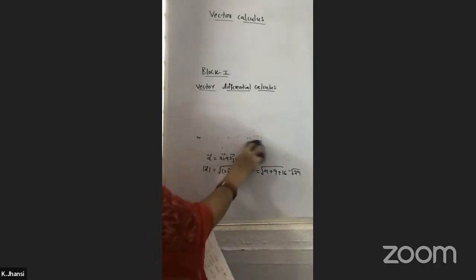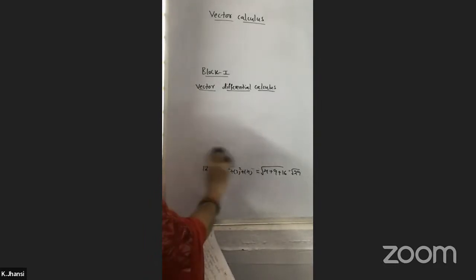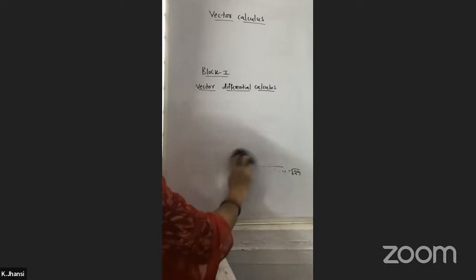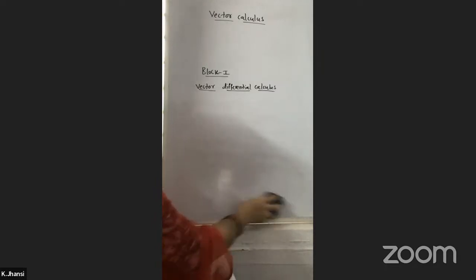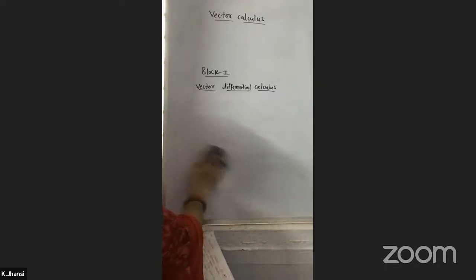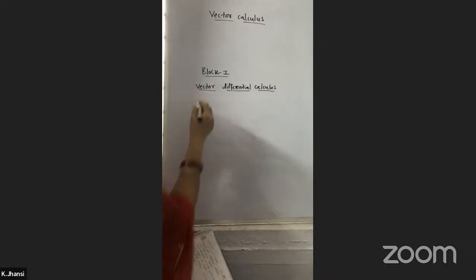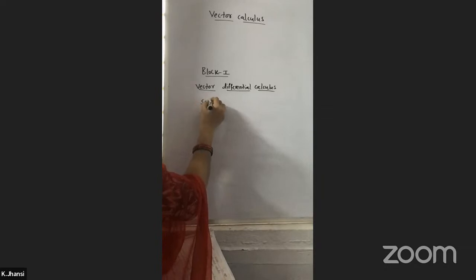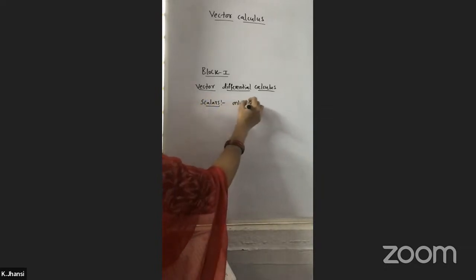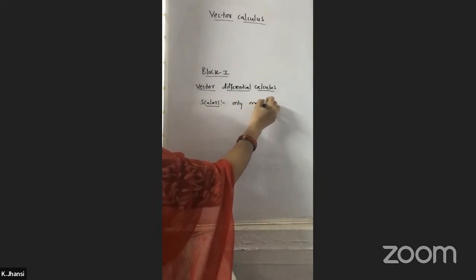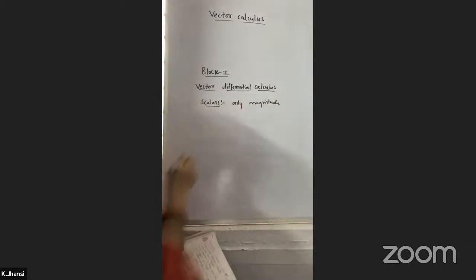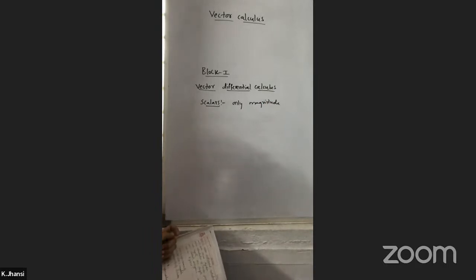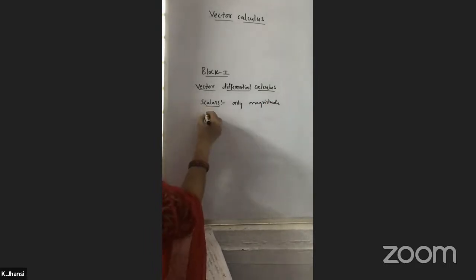They have only magnitude, meaning some value or length. So scalars means only magnitude, no direction.